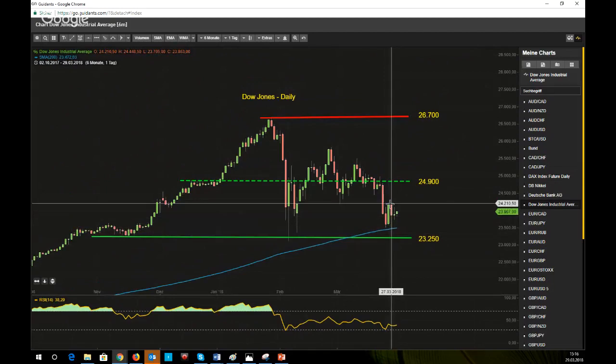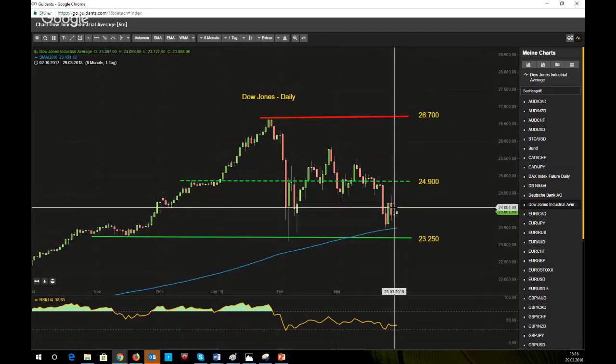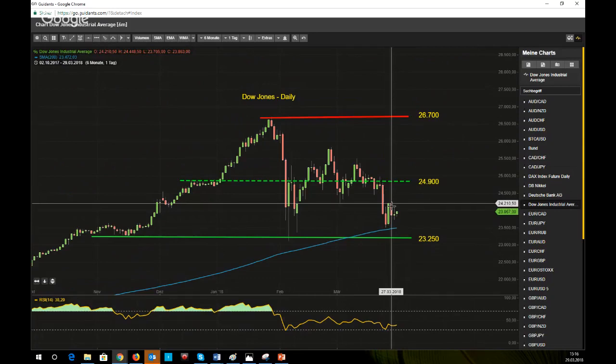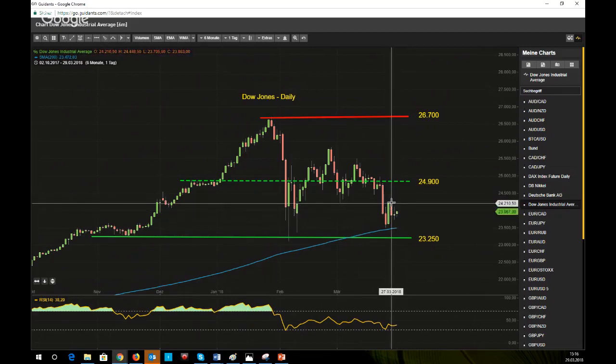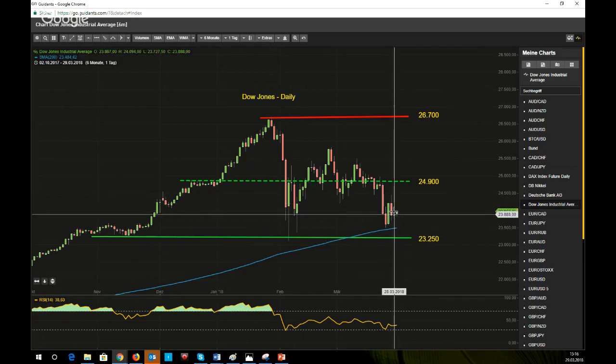And that was already a strong signal, even though the price action on Tuesday came with a surprise. I myself was really surprised to see that the Dow Jones presented itself that weak, mainly induced by the technology sector, and also mainly induced by the so-called FANG stocks.